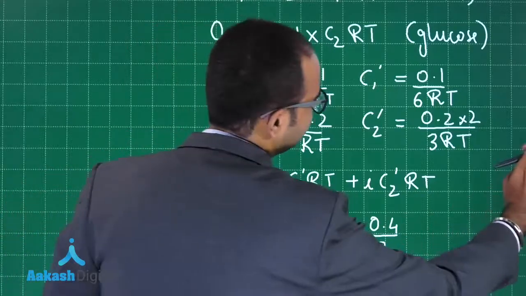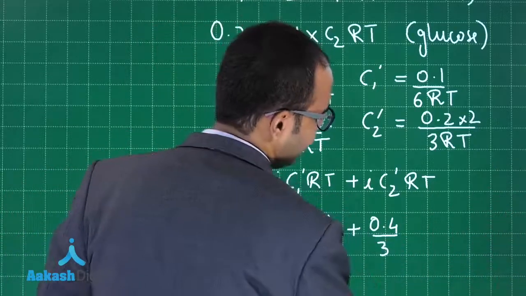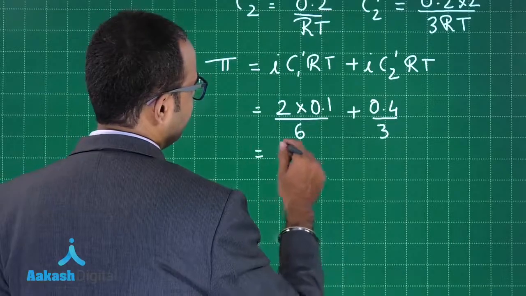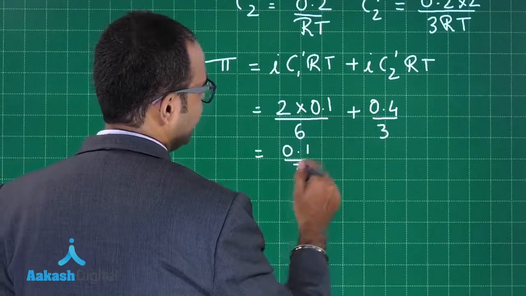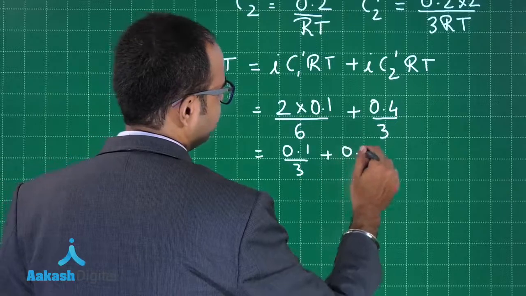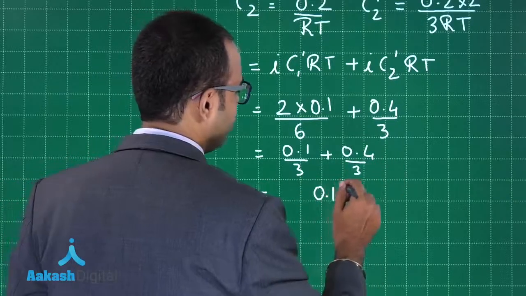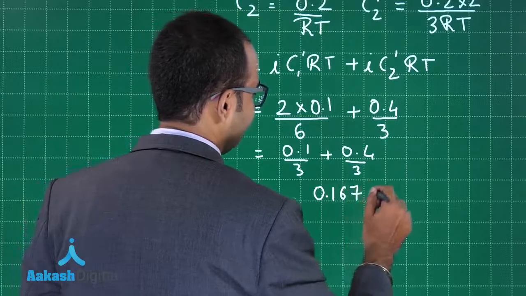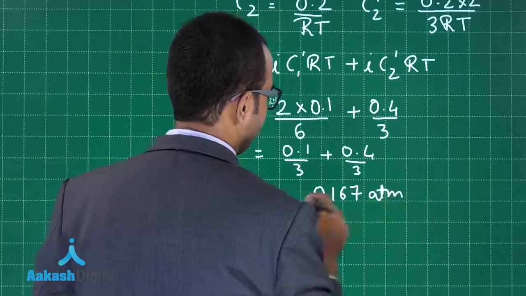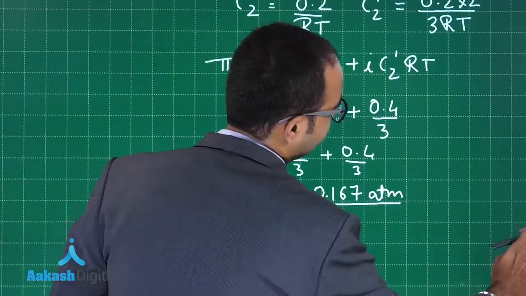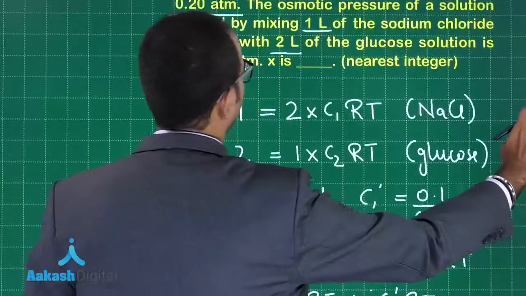So the osmotic pressure that we are calculating will be how much? This will be 0.1 upon 3 plus 0.4 upon 3. That will be 0.167 atmospheres. So we'll convert this because we want it as a multiple of 10 to the power minus 3.